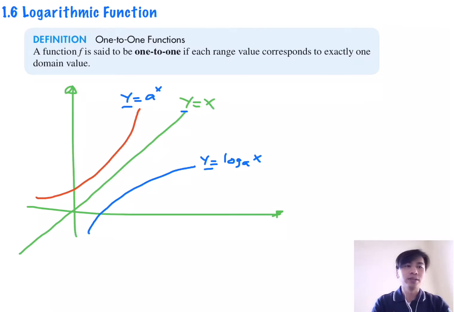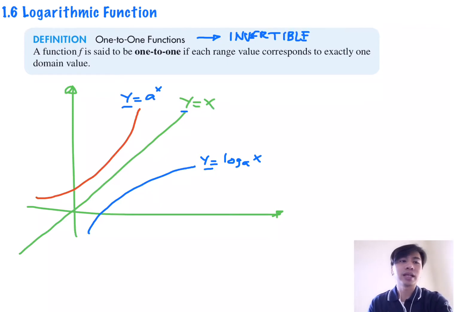This is y equals log to the base a of x, and the other one will be y equals a to the power of x. I know this is the same y, same terminology. I shouldn't use that, but you can change it to g of x, f of x, and h of x. Okay.